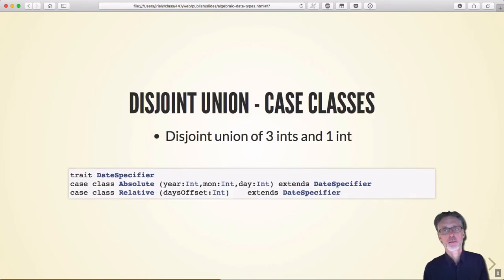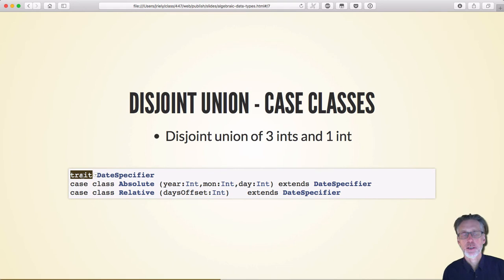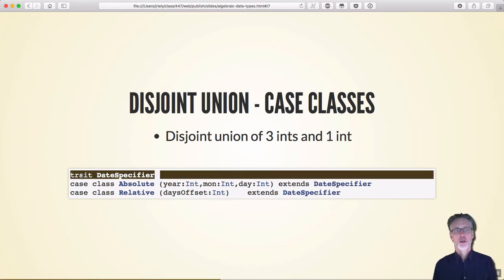In Scala, the way we represent these is using case classes, and we use them as case classes that extend a trait. A trait is an abstract type in Scala. It's one way of thinking about it. Traits more or less correspond to interfaces in Java, I think that's the best way to think about them.